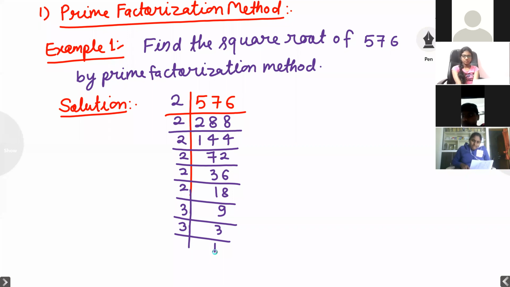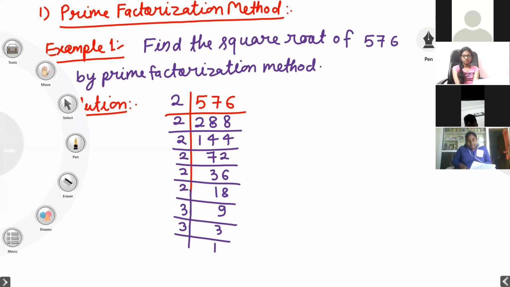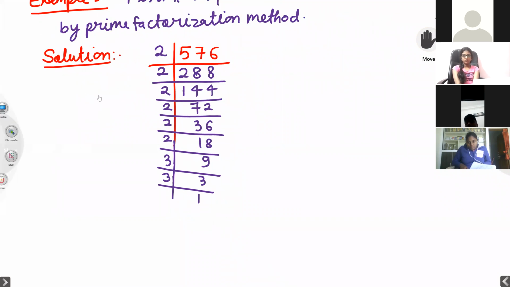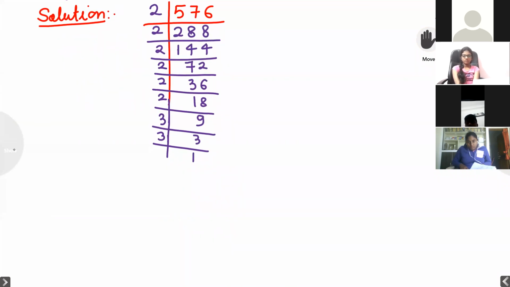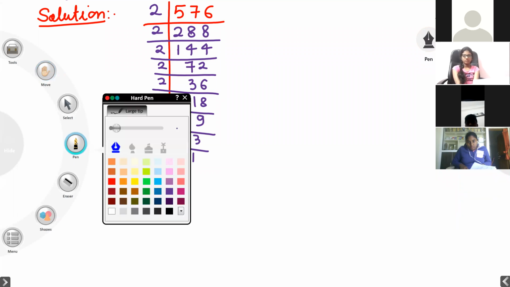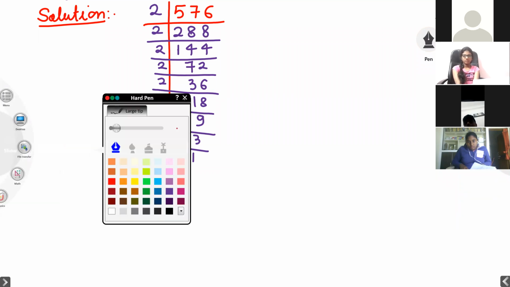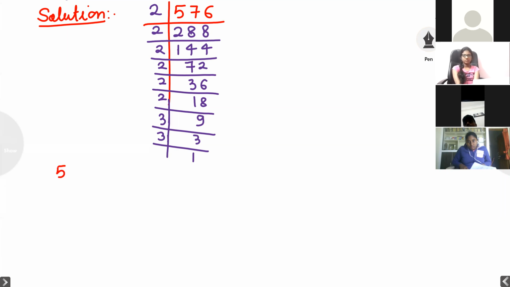Now, after factorization, I want to write here: 576 is equal to. I don't have space, that's why I'm writing it down. 576 is equal to, and I want to write all the factors.